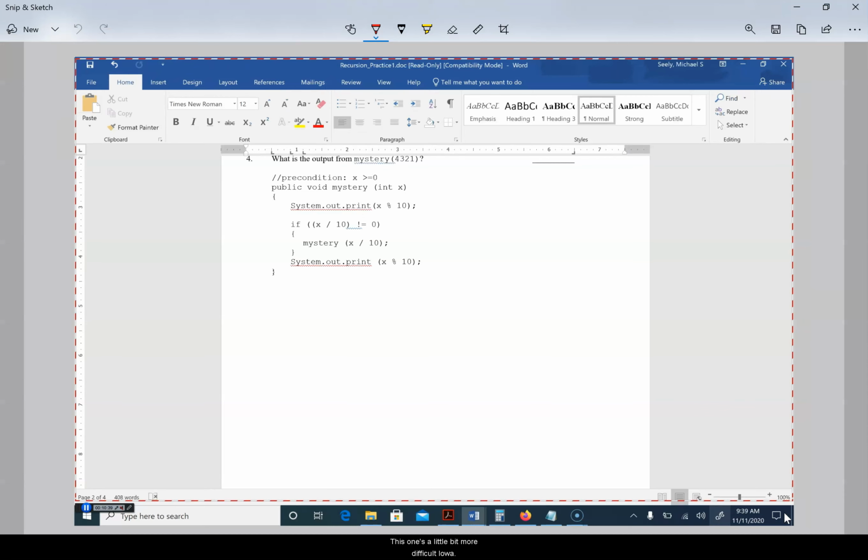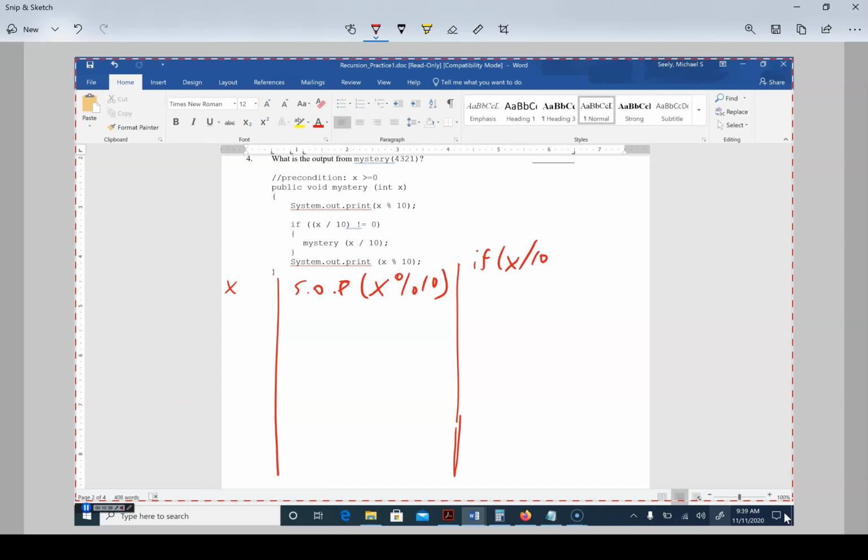All right, this one's a little bit more difficult, at least I think. So we've got an X, and then what do we got? We got this S.O.P, where it's doing X modulus 10. Okay. And we got this if statement that checks to see if X divided by 10 is not equal to 0.